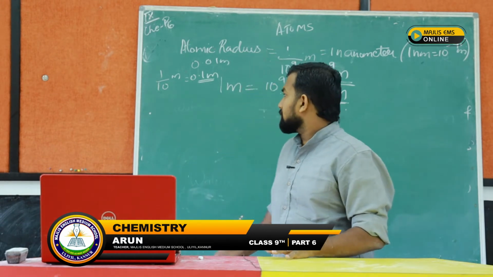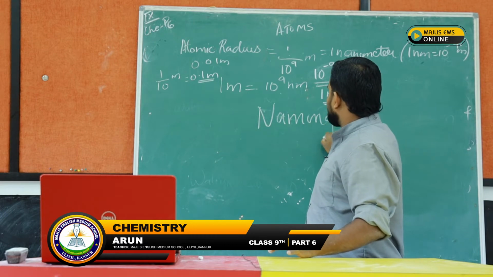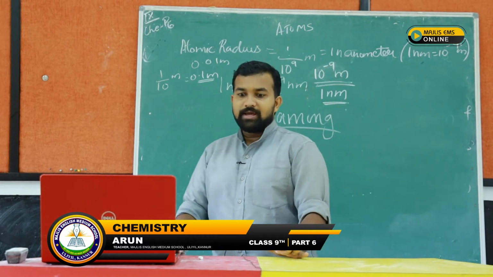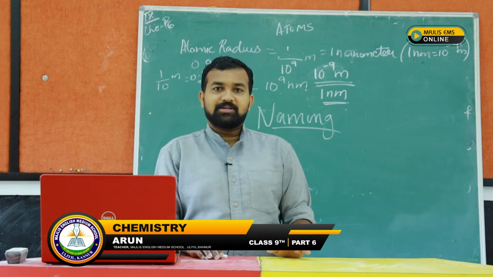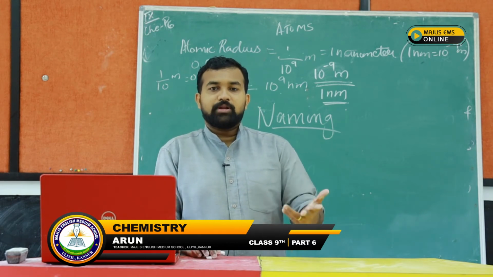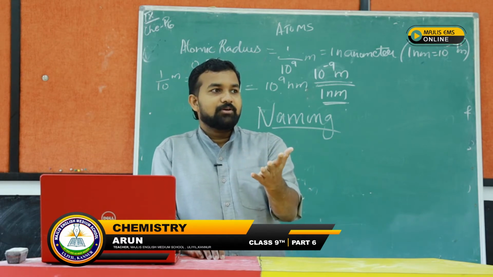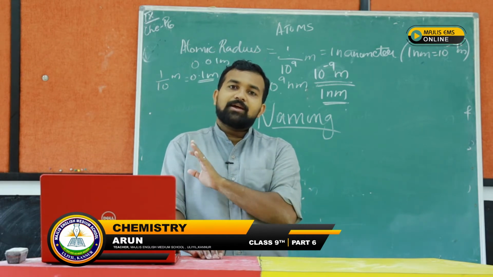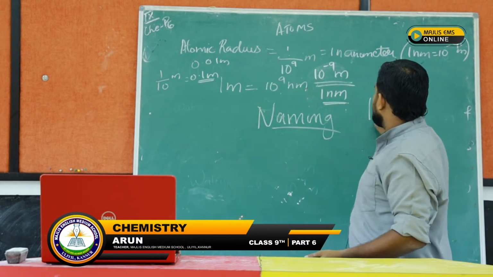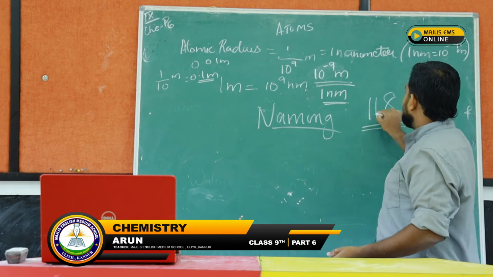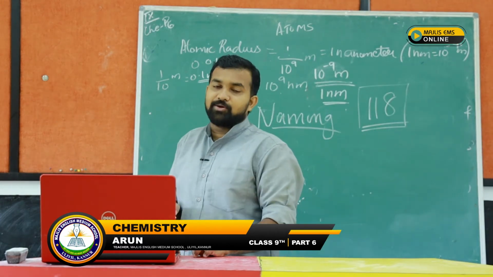Now we will come to the naming of atoms. Today we have a lot of atoms and we all know the names. Hydrogen, oxygen, carbon, chlorine, sulfur, bromine, etc. Today we have 118 elements discovered in our universe.